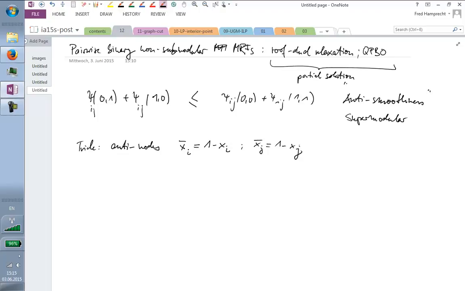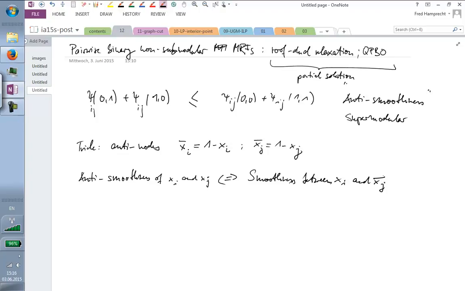And the fundamental trick is the following: if we want to encourage through our pairwise potential anti-smoothness between xi and xj, that corresponds to encouraging smoothness between xi and xj bar.